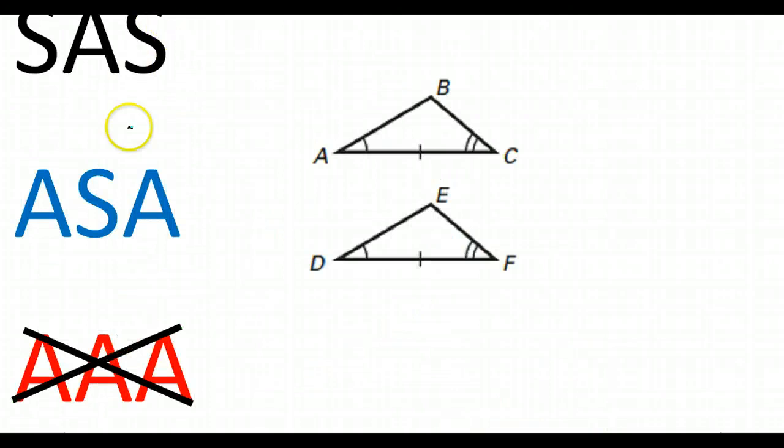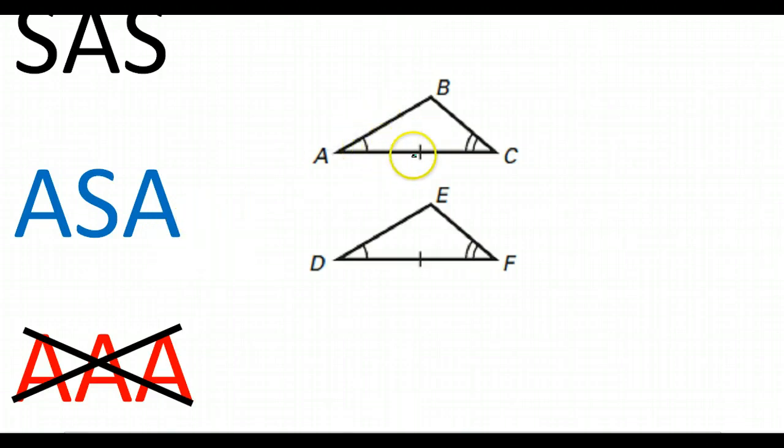Alright, well, angle, side, angle, that would be 2 angles and the included side. In other words, 2 angles and the side that's between them. So look at this picture. It turns out that this is another case that will be enough information to prove that 2 triangles are congruent.